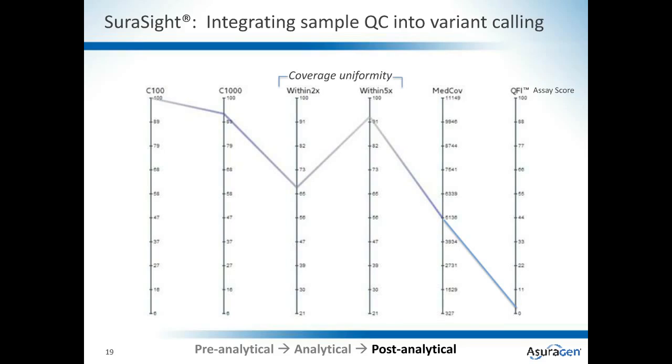And as a true measure of that integration, this is showing you just one of the outputs from Chirasika. It's not just the conventional coverage information that you'll get, but also the pre-analytical sample QC, like the QFI assay score, is hardwired into this report. This is a sample that's demonstrated with a very low QFI, about a 3% QFI. So this is exactly the type of sample that would be likely to generate a large number of variants in downstream NGS.